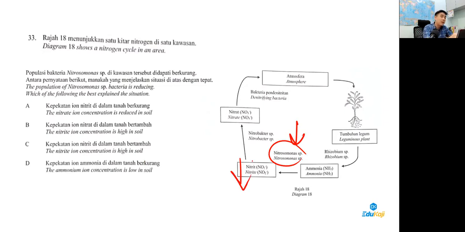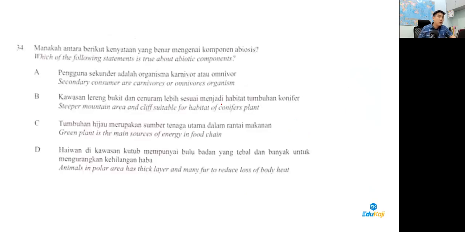Correct? So, answer is, guys, answer is A. Okay, nitrate. Nitrite. Nitrite lesser, nitrate also lesser. Okay? So 33A, then as for 34 is from chapter 9.